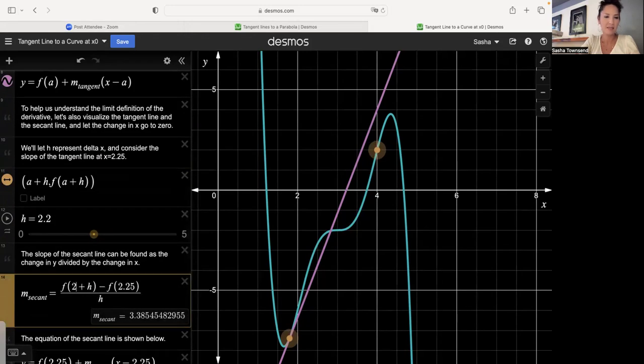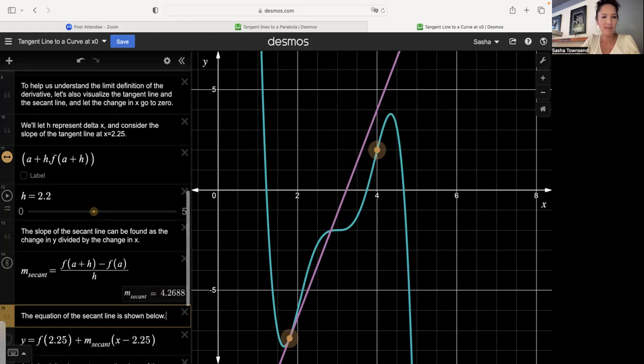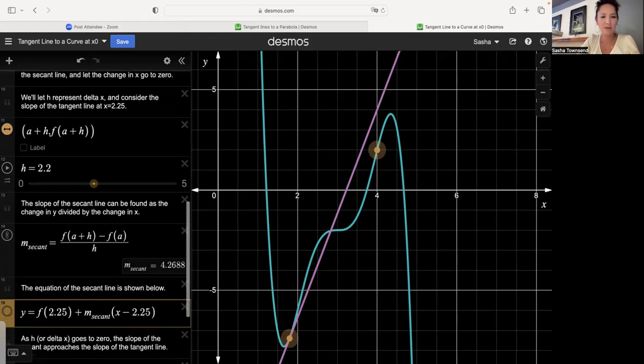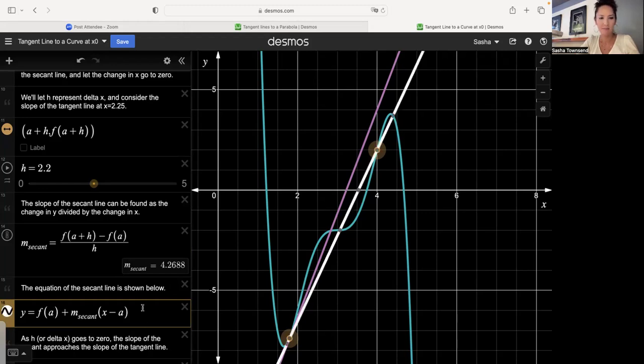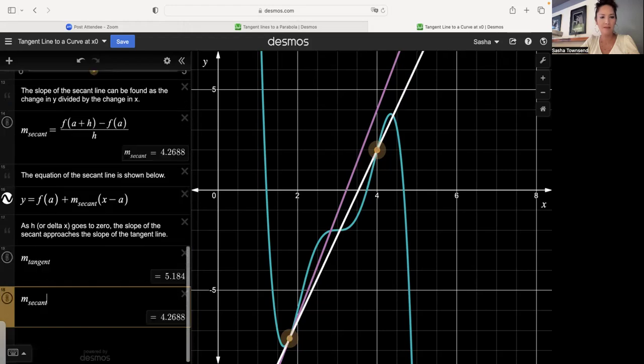For the slope of the secant, we'll use a here and a here. Normally I would use x naught, but the calculator is a little bit funny about what it uses for its variables, so I'm just going to use a rather than x naught. I'll graph the secant line there. And there's the slope of the tangent and the slope of the secant line.